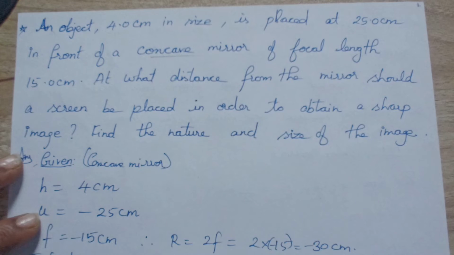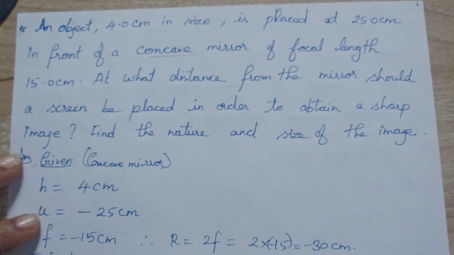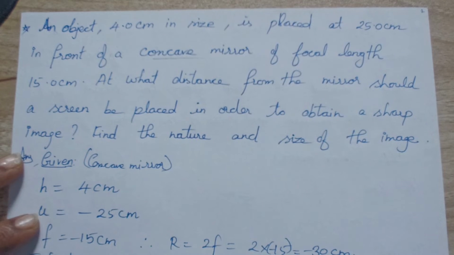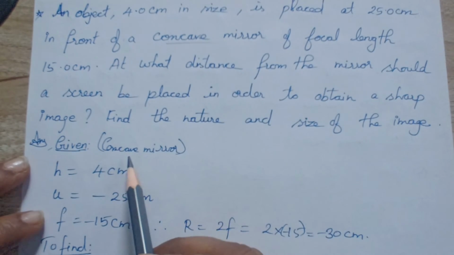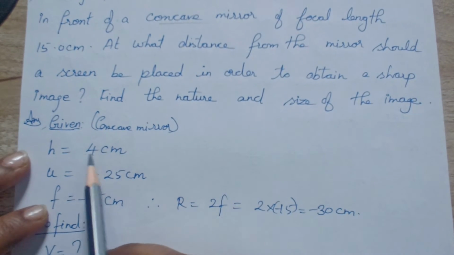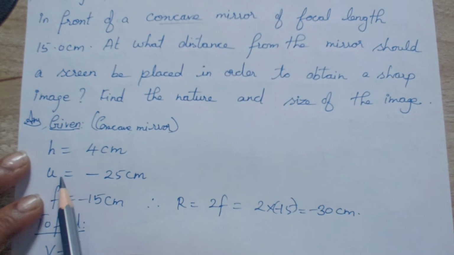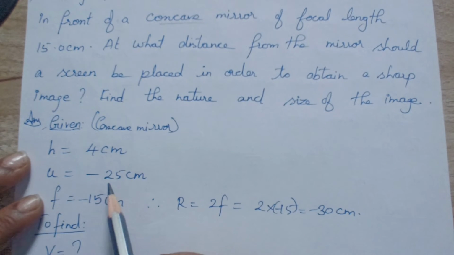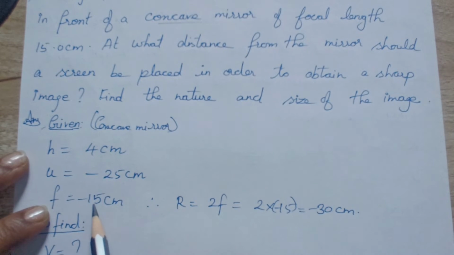Find the nature and size of the image. First, using the ray diagram, we will come to a conclusion about the position, nature and size of the image. So what is given? Concave mirror, height of the object is 4 centimeter, u, the position of the object, is minus 25 centimeter, always negative, and focal length is 15 centimeter.